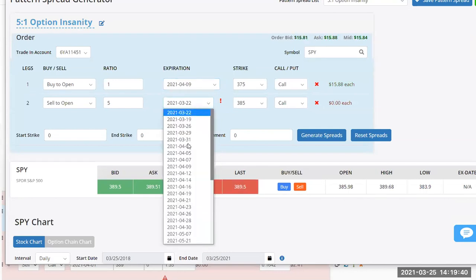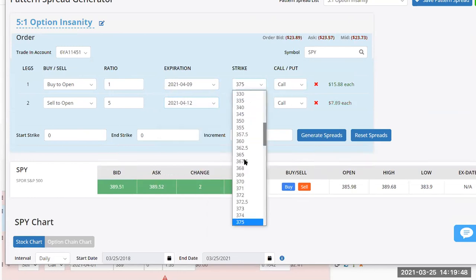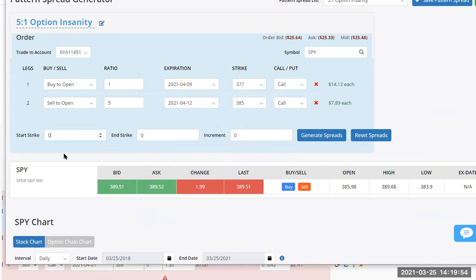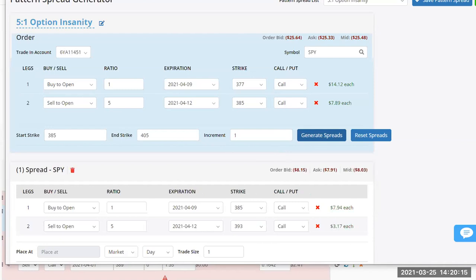So we're moving up. And there we go. Let's go with 377, actually. All right, so there's that. I'm going to start with 385 and buy ones. And that's how you do the 5-to-1 in Trade Partner. Trade 405 through 397. That is a few weeks out, and placed for a 2.45 credit.